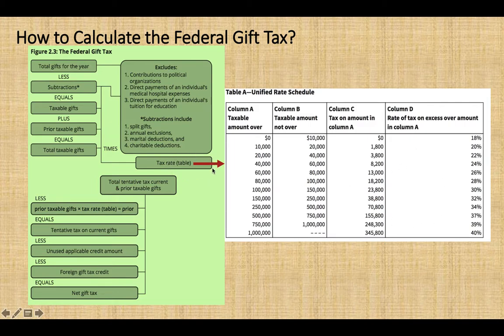Once you calculate the tax, you can subtract the prior years' tax amount, so you get the current year tax. Then you look at the current year credit amount you have. You subtract the credit from your tax, and that gives you the gift tax.